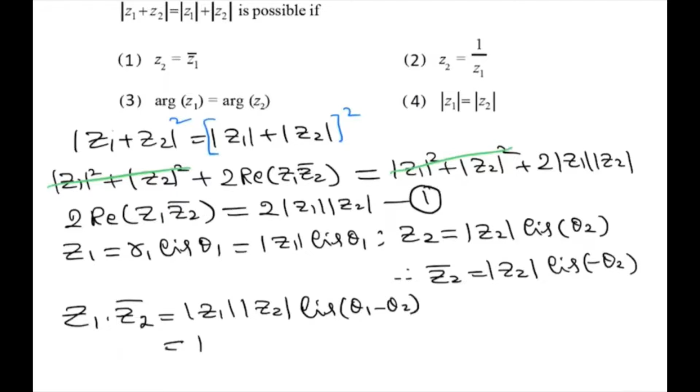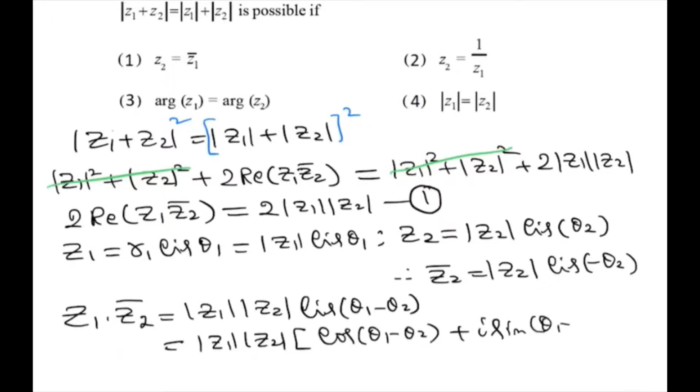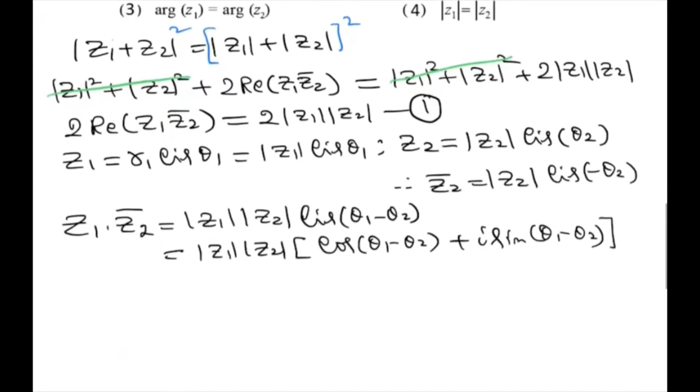So further, you can write cis of theta 1 minus theta 2 as cos of theta 1 minus theta 2 plus I times sine of theta 1 minus theta 2. Substitute this in equation 1.